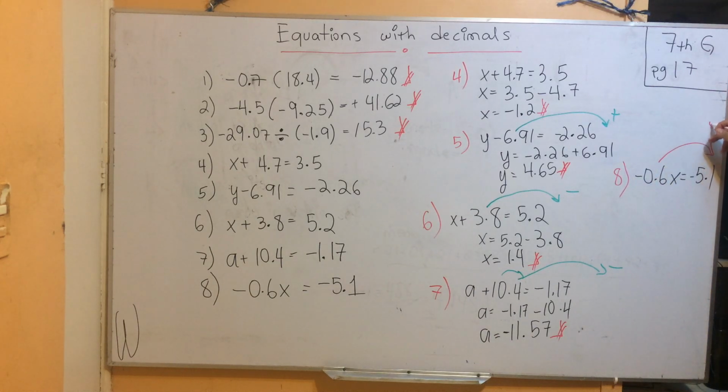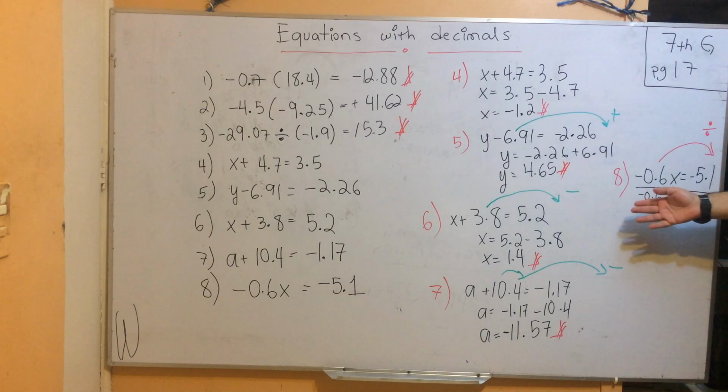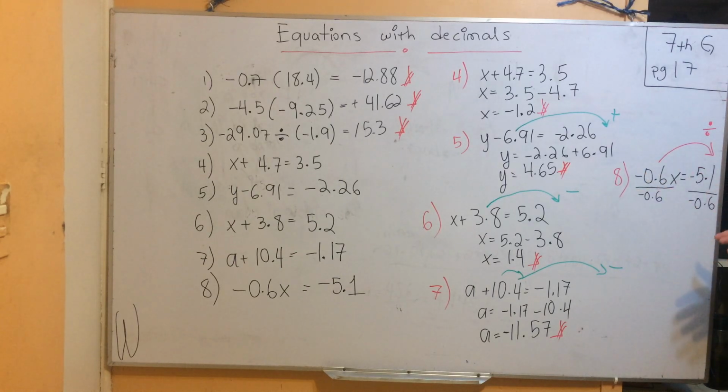And remember, we do not change the sign because we are dividing. It's the same thing as dividing 0.6 on this side and dividing 0.6 on the other. That's why we don't change the sign. Technically we're not moving it. We're going to do the same division on both sides so that it keeps the balance.